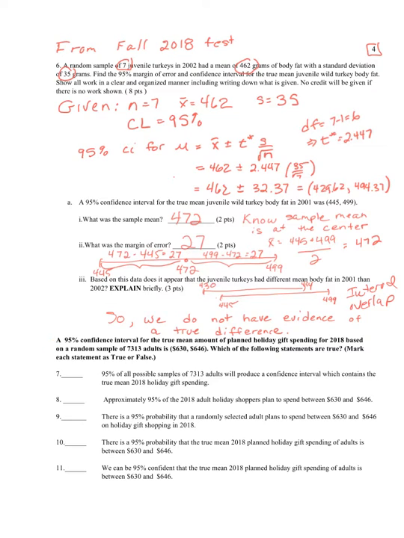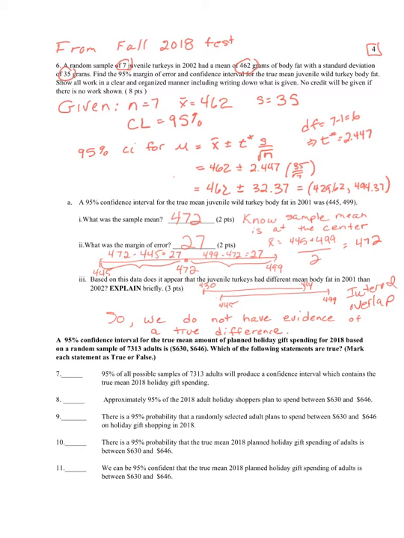Let's also look at this next question here, which is about a 95% confidence interval for the true mean amount of planned holiday gift spending for 2018 based on a random sample of over 7,000 adults, which is $630 to $646. Which of the following statements are true?